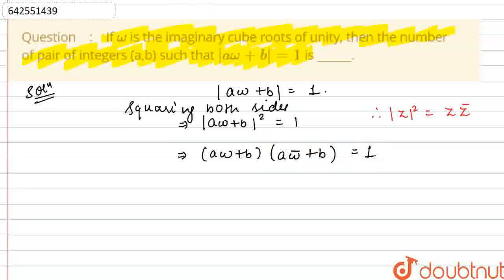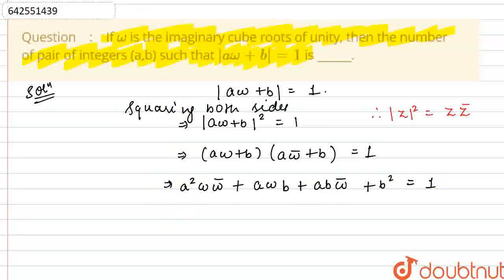Now, just simplify this. So we'll get a square into omega bar plus a omega into b plus ab into omega bar plus b square is equal to 1.